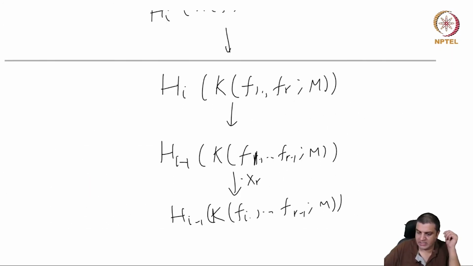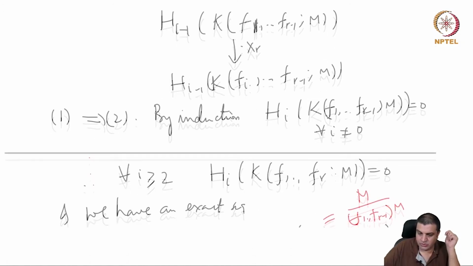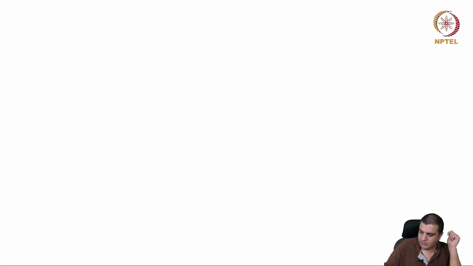In the other direction, we are assuming that for positive I, this is 0. Okay. So this is 2 implies 1.